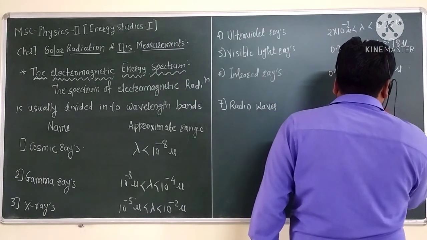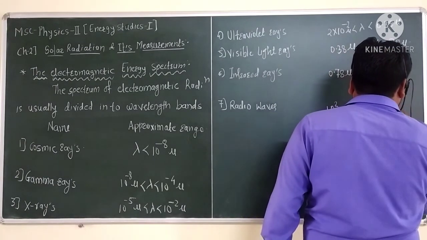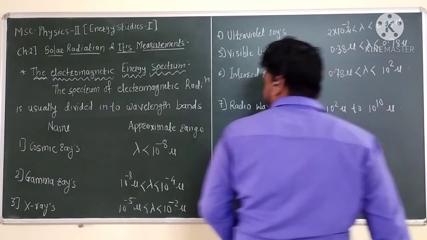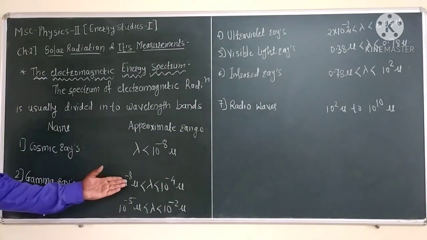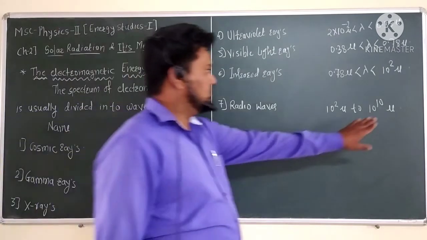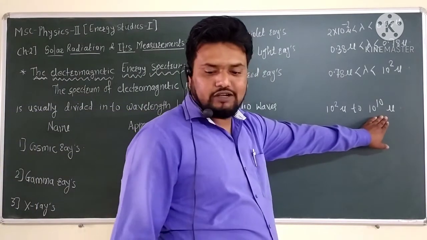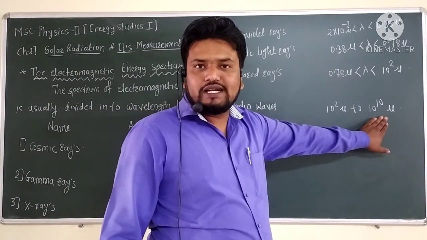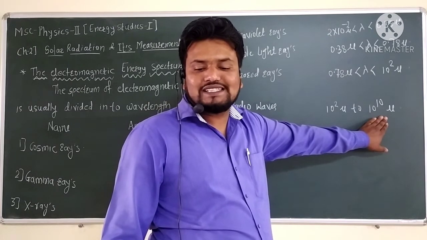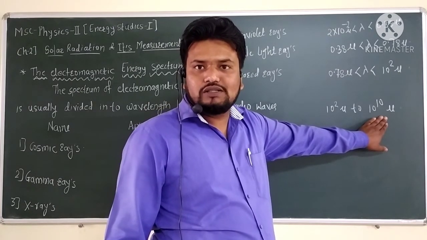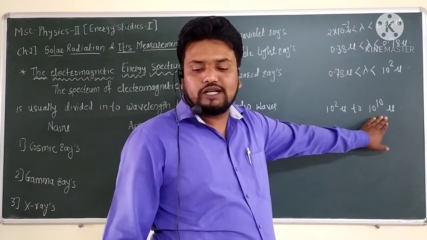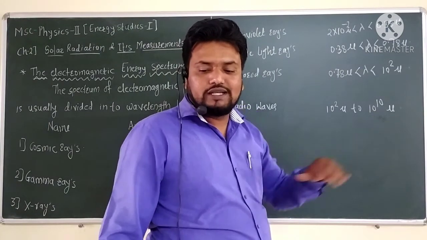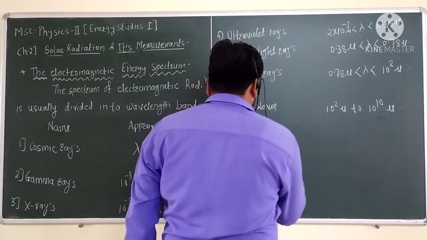So if we see, starting from 10 to the power minus 8 microns to 10 to the power 10 microns, the electromagnetic spectrum that we can sense has wavelengths approximately between 0.1 to 100 microns. So that is the electromagnetic spectrum we have to consider.